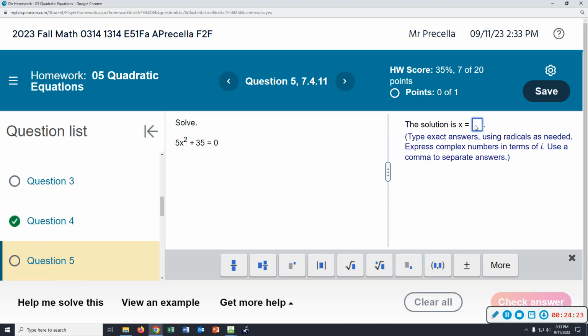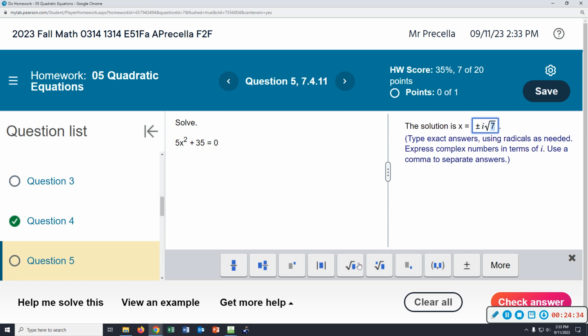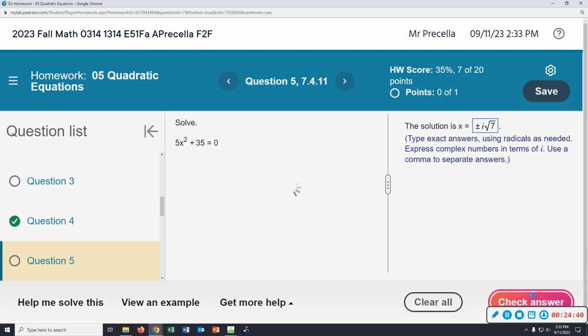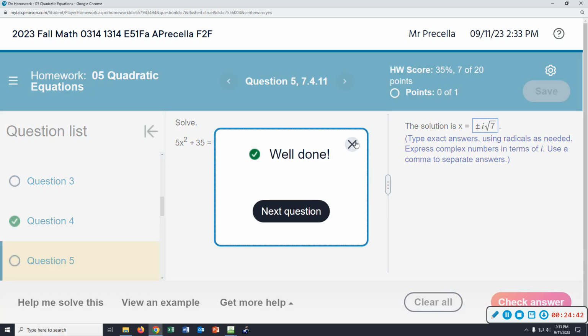Okay, so I click in there, then I get the plus minus. I suggested that you put the i in front of the square root. Okay. Plus minus i square root of 7. Any questions there?